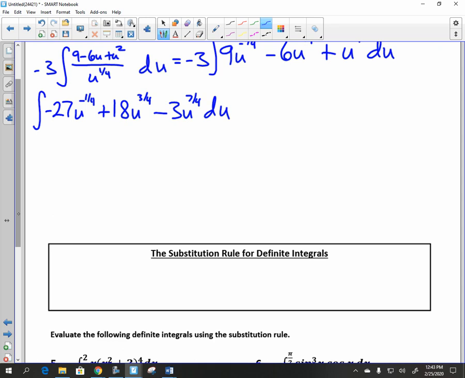What is the antiderivative of negative 27u to the negative 1/4? Negative 27u to what power? 3/4 divided by 3/4, or multiplied by 4/3. So times 4 over 3.